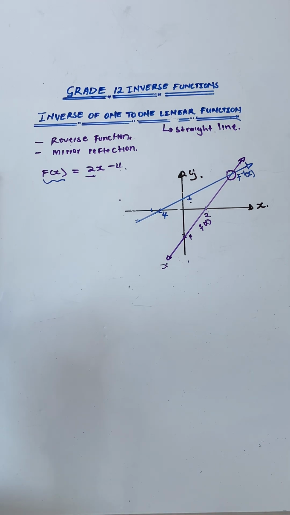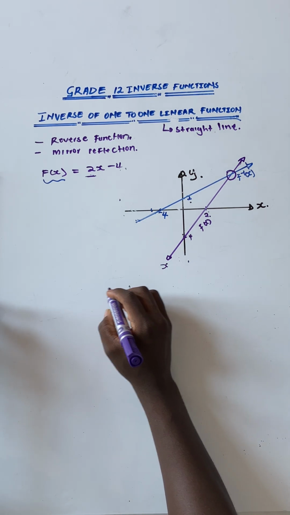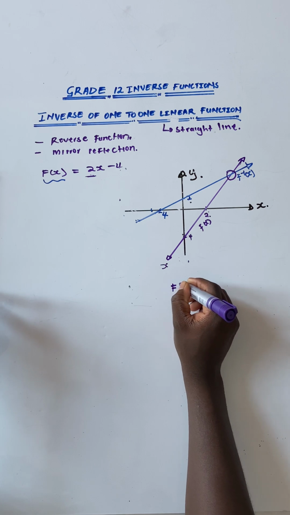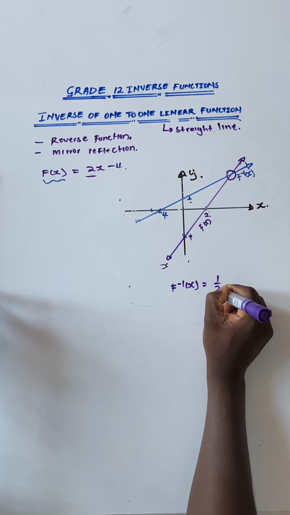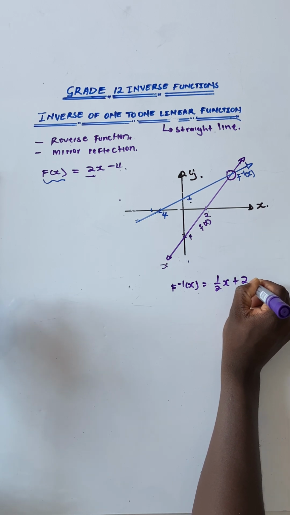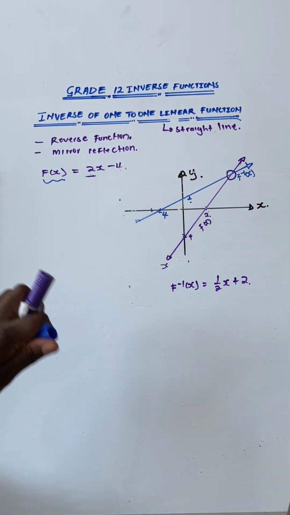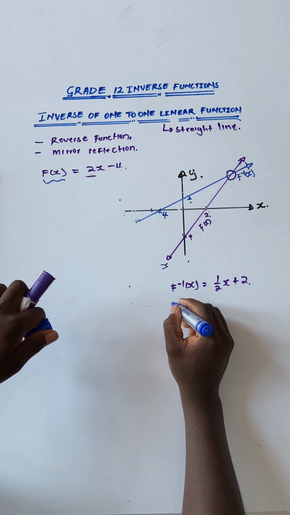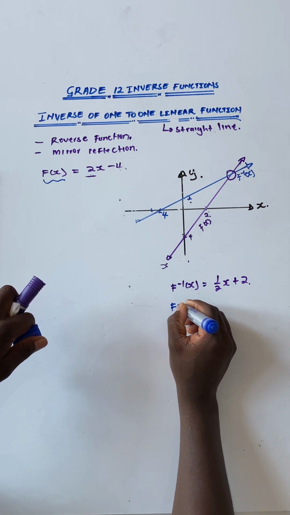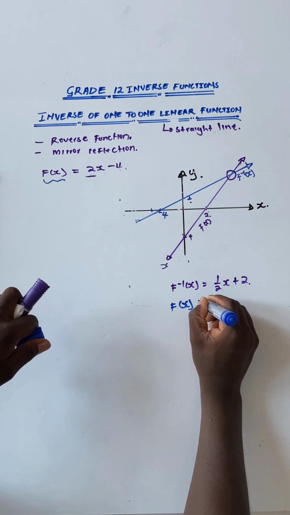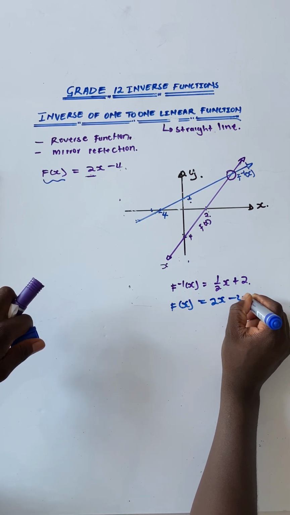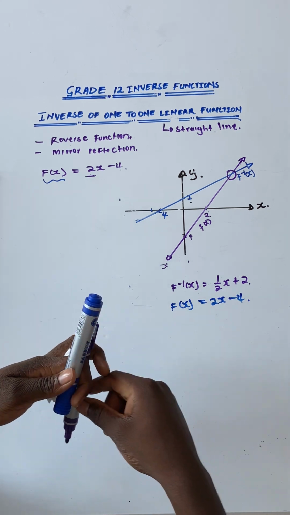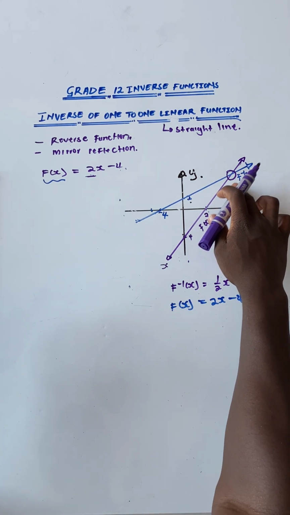So now let us check here. We said that the inverse was actually equal to 1 over 2 x plus 2. And the original function, I've now messed that up with the colors, but it's fine. I just hope you guys are following. So that is equal to 2x minus 4. Now we want to find the coordinates of this point of intersection.